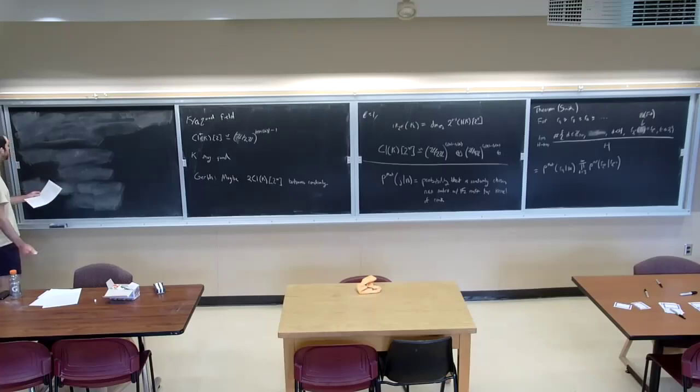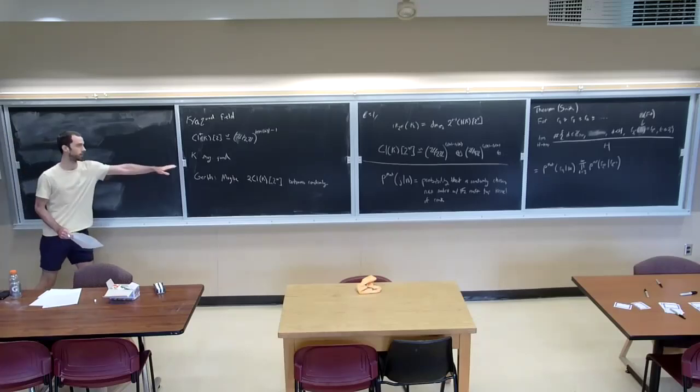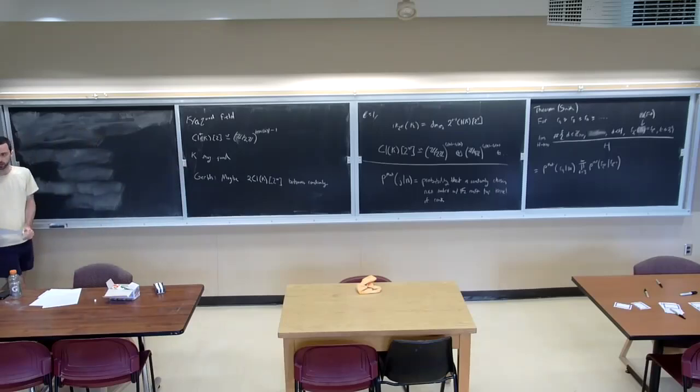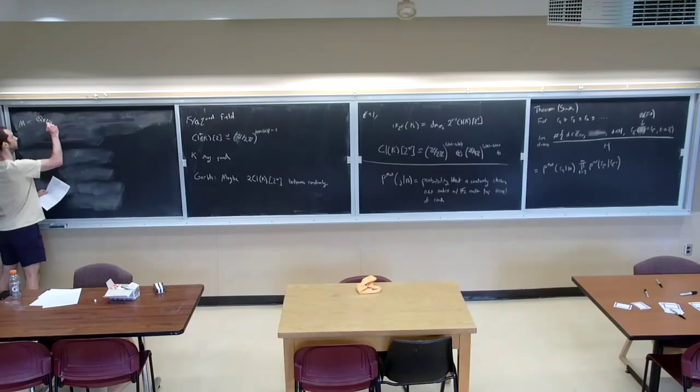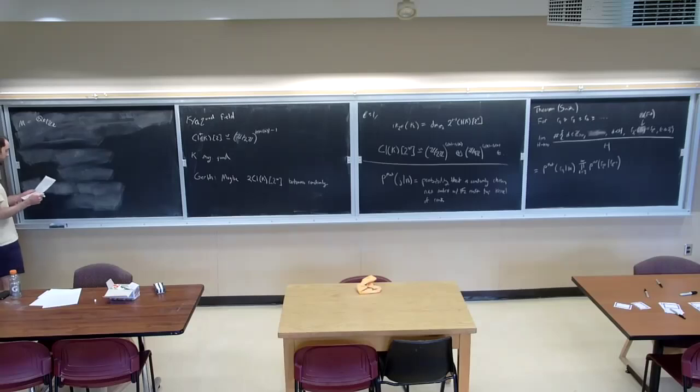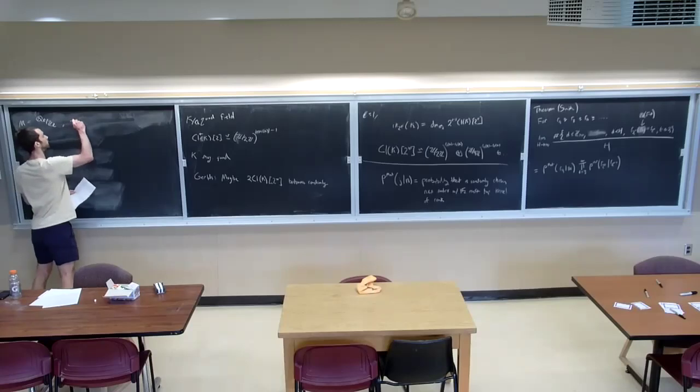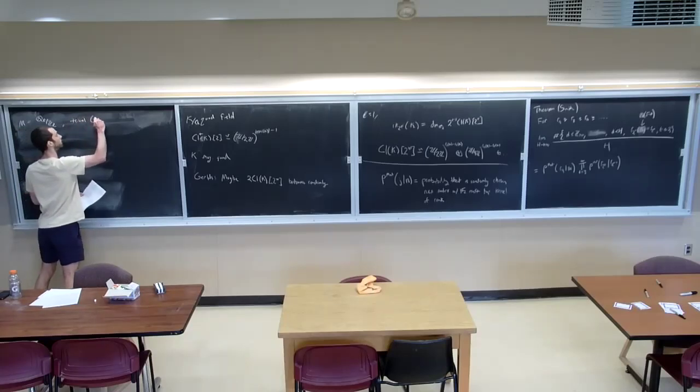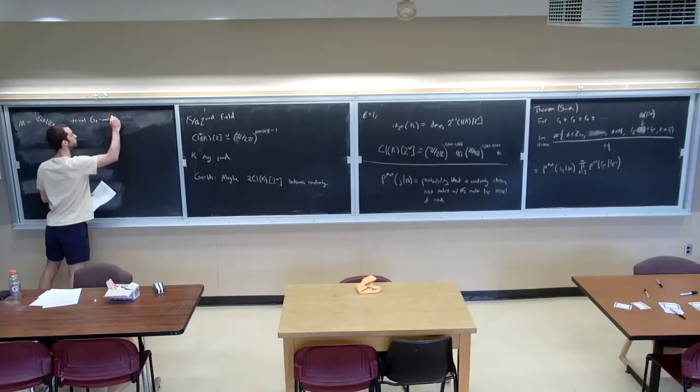Okay, so we're going to stick in our imaginary quadratic extension world, and I'm going to try to show you a particular Selmer group. So I'm going to take as my Galois module the p-adic numbers mod the p-adic integers, and I'm going to give it a trivial G_K module structure.